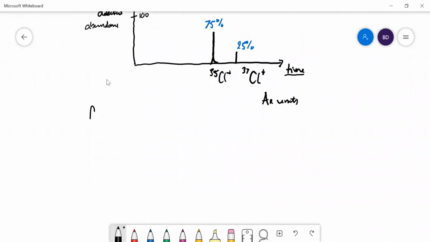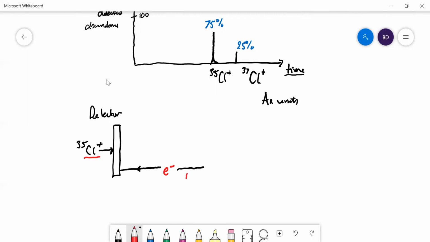Okay, now the detector is here, right? And what happens is you get a positive ion, let's say it's 35. Positive ion, that hits the detector. What happens is an electron will come out of the detector. Now here's a wire, okay? That's a wire. And you're going to have an electron come out of that wire, because that's positively charged. Right, so in this wire, you're going to have a current flowing, yeah?